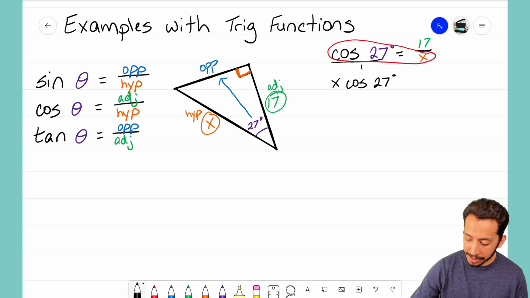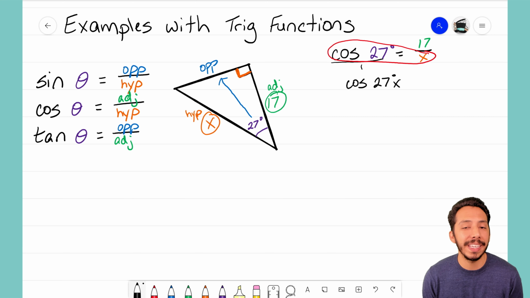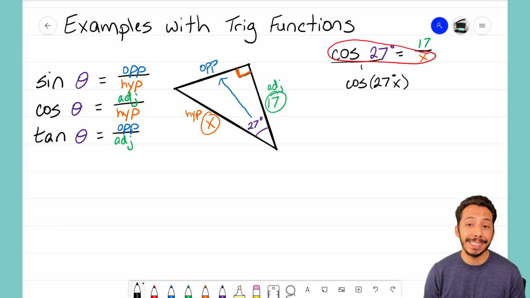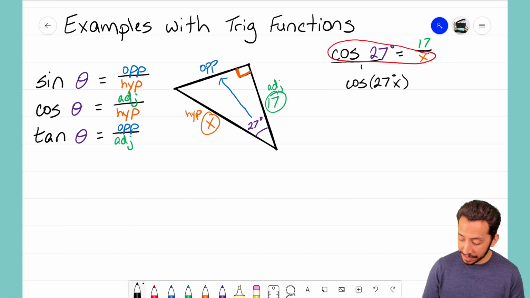Now I once had a student ask me, why don't you put the x next to the angle? And the reason why I don't put the x at the end of cosine of 27 is because to me, that looks like the cosine of the angle 27x, right? That looks a little confusing. It looks like the x is a part of the angle when we write the x at the end.